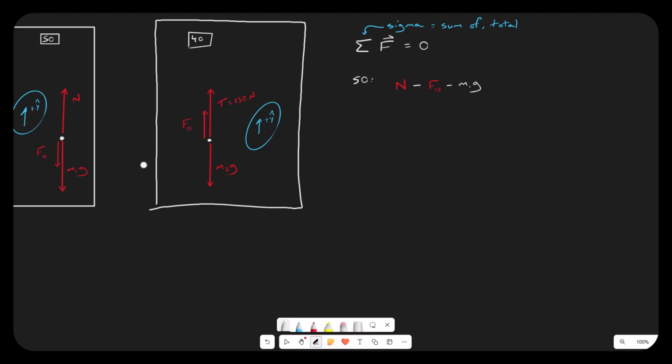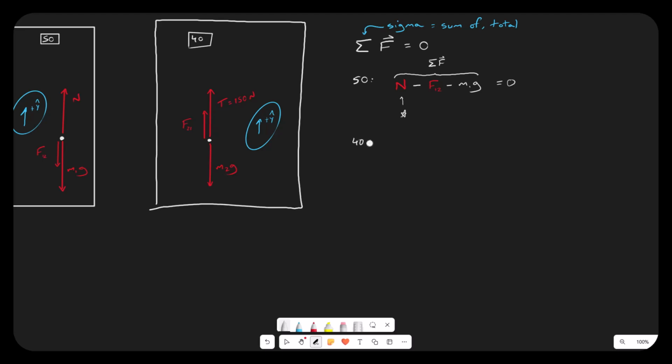Those are all the forces that I have, so that is my sum of forces, and that whole thing equals 0. I have N, which is what I'm solving for, but I have another unknown, F12.